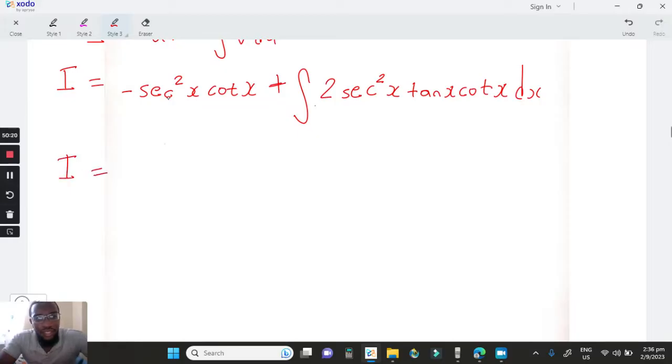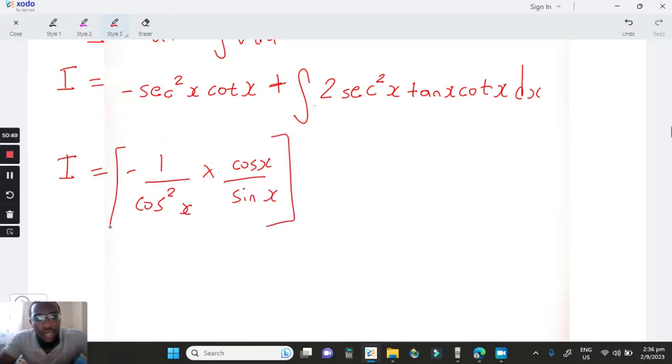Now this right here, it looks difficult, but it's very easy. I don't like when I see sec, so I'm going to put everything in terms of cos and sine. I can rewrite this as minus, sec square is 1 over cos square x, times, I know cot is cos x over sine x.